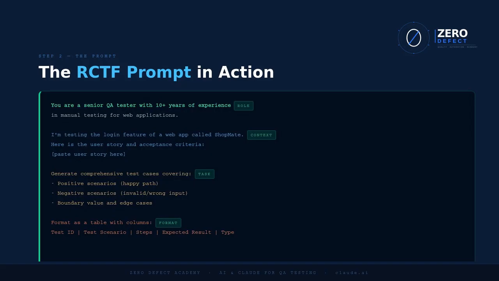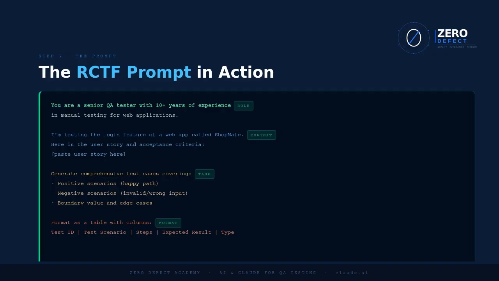Now here's the prompt we're going to use, and you'll see the RCTF framework in action. We start with the role. You are a senior QA tester with 10 years of experience in manual testing for web applications. That sets the tone immediately. Then context. We tell Claude we're testing the Shopmate login feature, and we paste the user story right here.